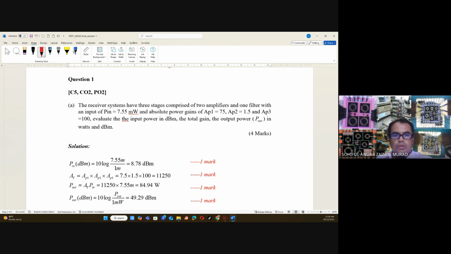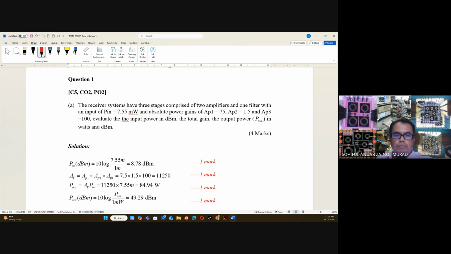So the question asks to calculate the input power in dBm, total gain, and output power in watts and dBm. To solve this question is just straightforward. Follow the equation. So the input power in dBm is 10 log input power in watt divided by 1 milliwatt. Because the unit is dBm, we need to divide by 1 milliwatt.